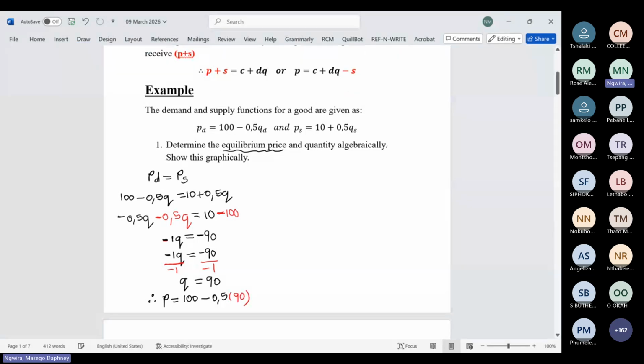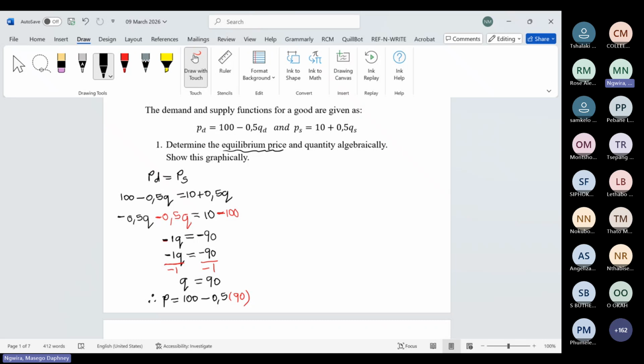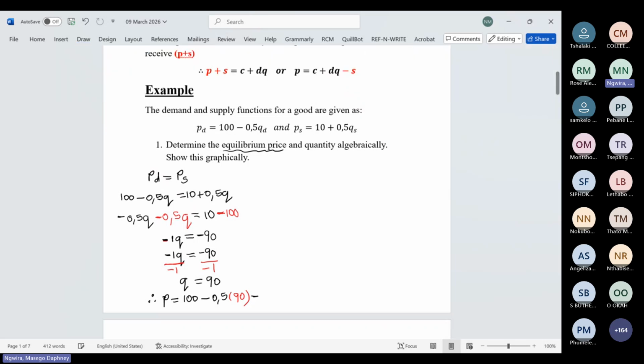And then my final answer is going to be, if I'm not mistaken, 55. So this means that my equilibrium before tax, the price is 55 rand, if it's in rands, and the quantity is 90. This is before tax, right?